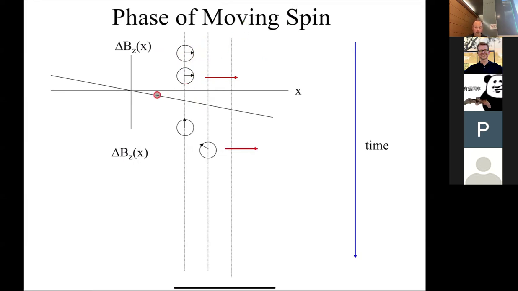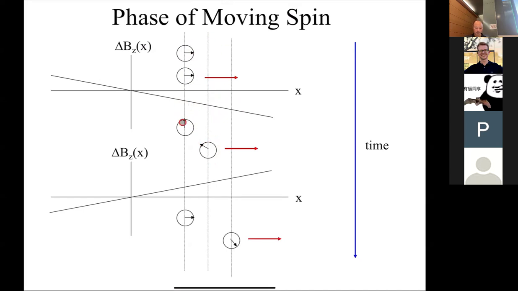And the idea is if I apply a gradient, this spin that's not moving experiences some lower frequency, so it's going to go counterclockwise. This spin moves into an area of higher gradient, so it's going to go counterclockwise even more. Okay. And then we play the same trick we played with diffusion. We reverse the gradient, wait the same amount of time. This spin here goes back to where it started, right?